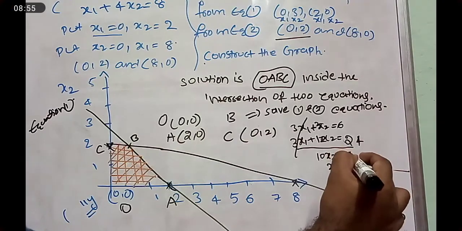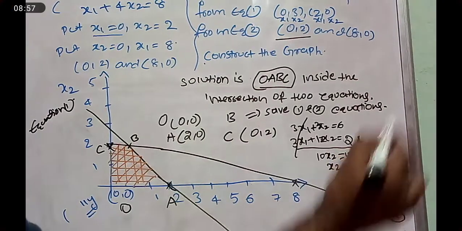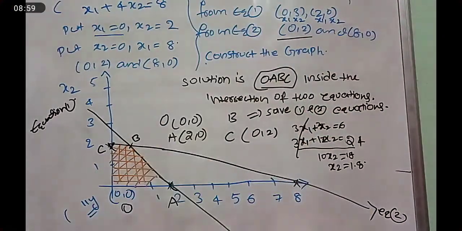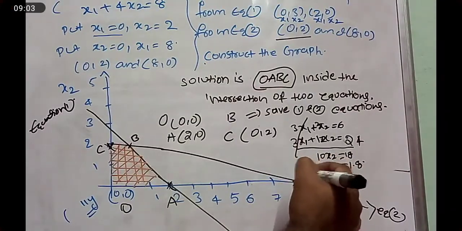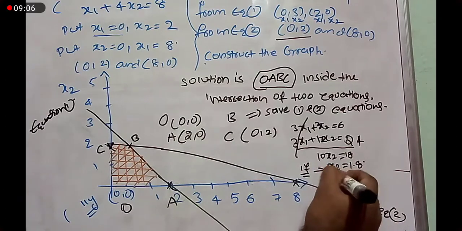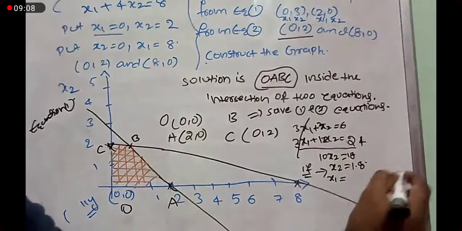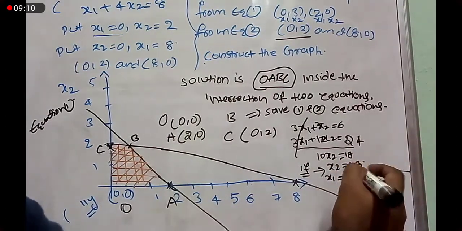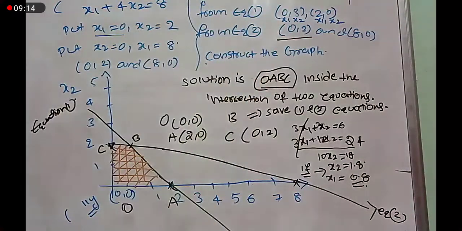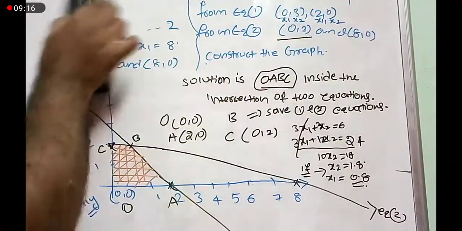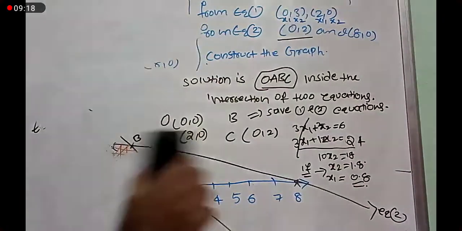So x2 is equal to 1.8. When we substitute x2 in any of the equations, we will get x1 as 0.8. So you have x1 and you have x2, and both of these come under B.